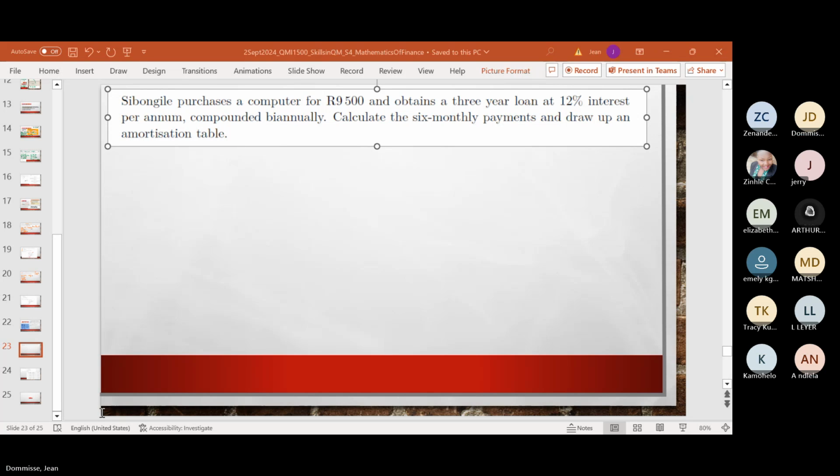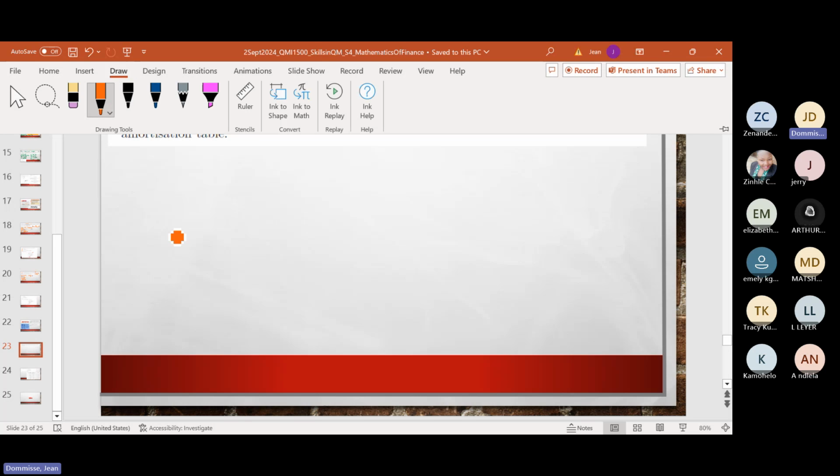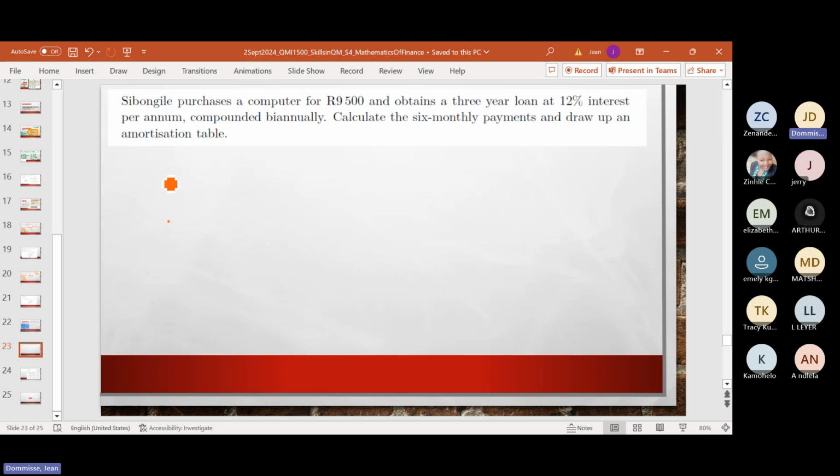So if we first look at this question, where they say Sibongile purchased a computer for 9,500 and obtains a 3-year loan at 12% interest per annum, compounded biannually. Calculate the 6 monthly payments and draw up an amortization table. The first thing in here is let's first work out what that PMT is.